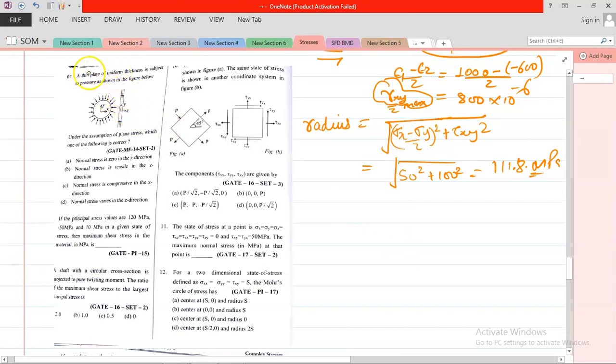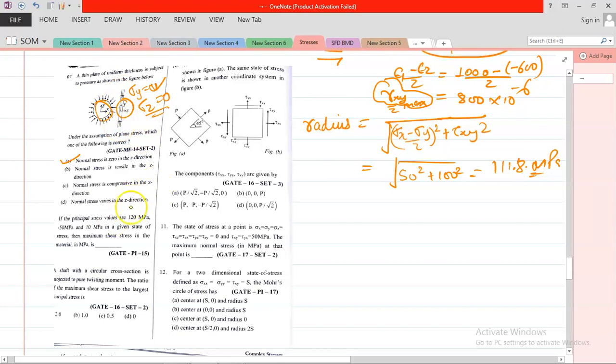If you think of this plane, you have only one stress that is coming in the sigma y direction, but in the sigma z direction it is 0. So we can say that normal stress is 0 in the sigma z direction, because if you take this plane, you can see that the stress is coming only along the y direction. So along the z direction sigma z is 0.